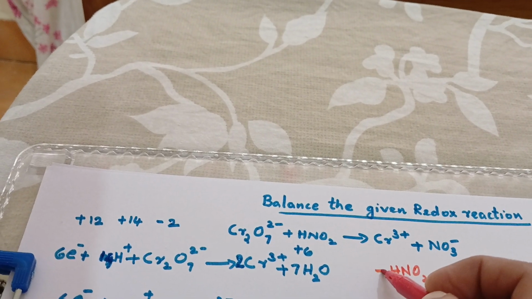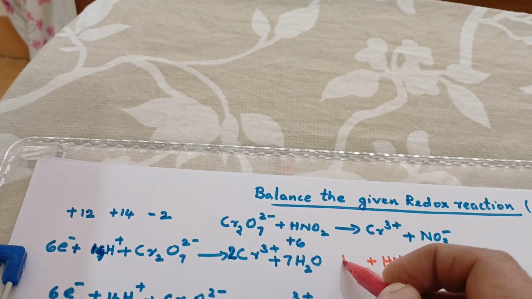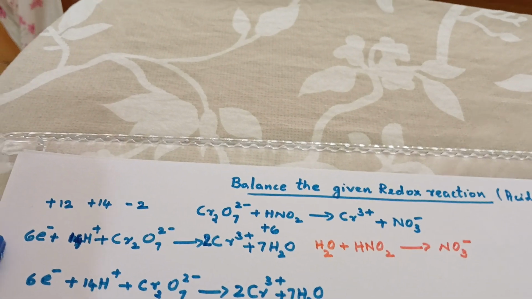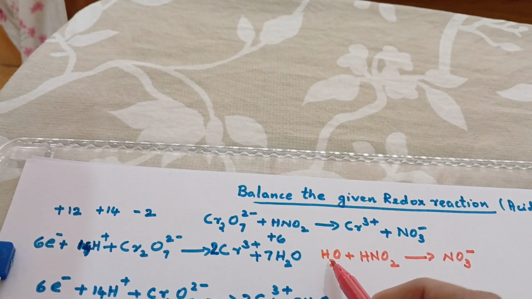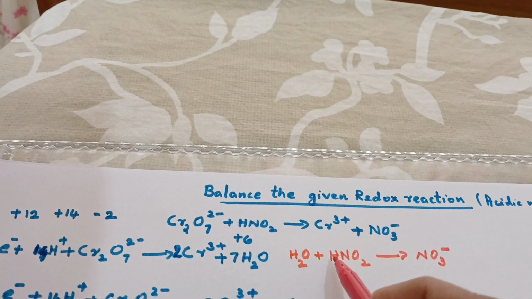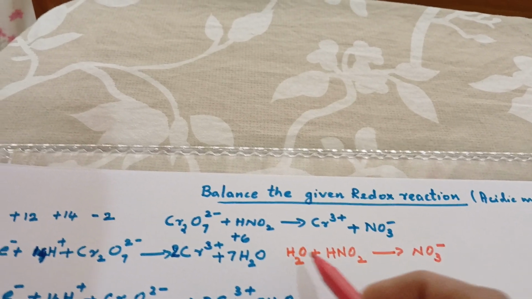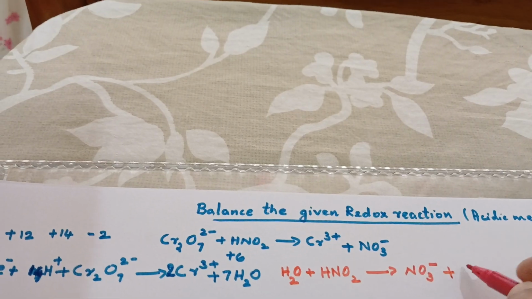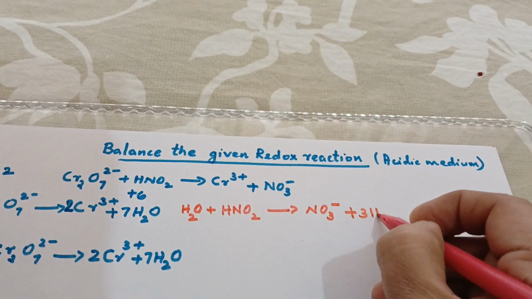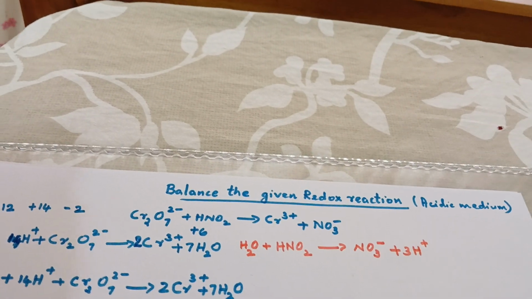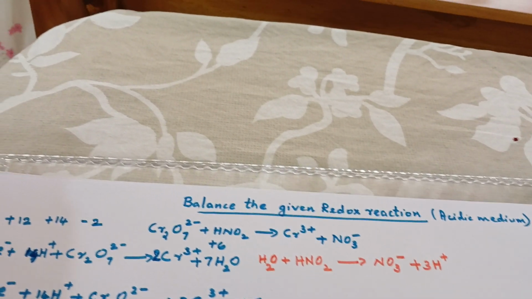So let us add one water molecule, that is H2O. Now let us count the number of hydrogen atoms. 2 plus 1, 3 on the left hand side, and on the right hand side we have to add 3 H+ ions. Okay, now atoms are all balanced.